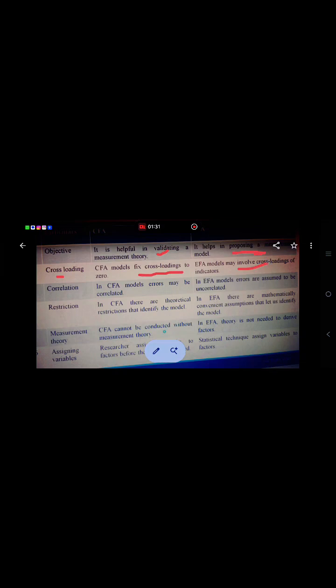It means that when we run the exploratory factor analysis, cross-loading occurs, and cross-loading means that when one item loads on its own original factor and it also loads on another factor. This is called cross-loading. So cross-loading occurs in EFA, while it has zero chance in CFA.